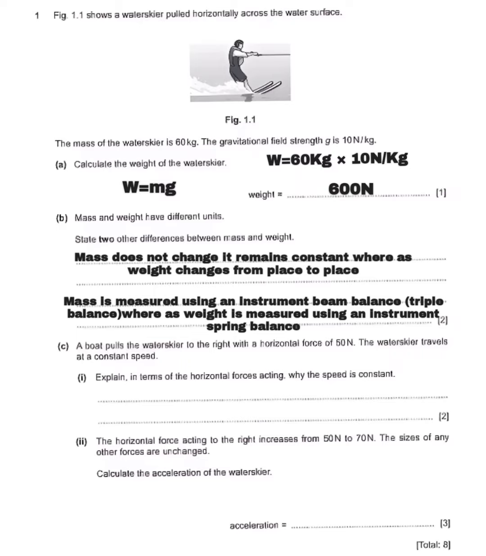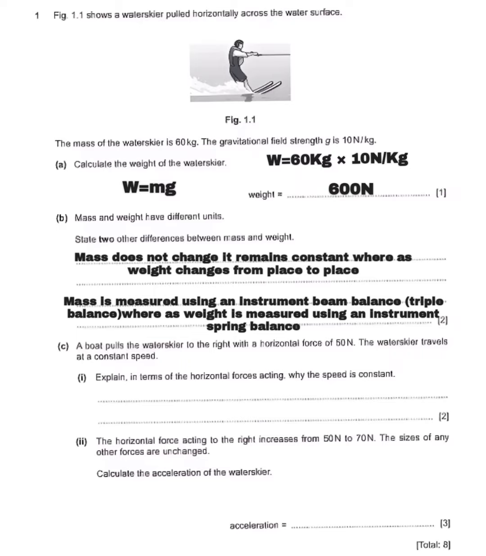That's all. Okay. Then as for C, C is saying a boat pulls the water skier to the right with a horizontal force of 50 newtons. The water skier travels at a constant speed. Now, for something to travel at a constant speed, it is traveling on a frictionless surface, apart from where you are having unbalanced forces.